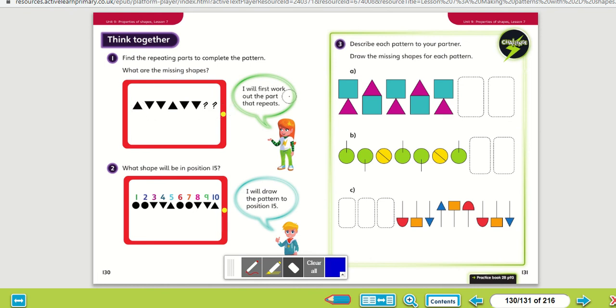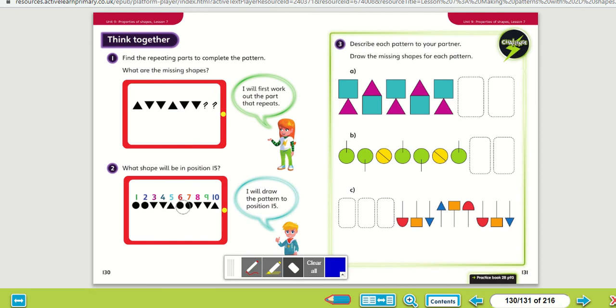So I will first work out the part that repeats. Which part repeats? And you can do it. Question 2. What shape will be in position 15? So we've got this pattern, 2 circles and 2 upside down triangles and 1 regular triangle.